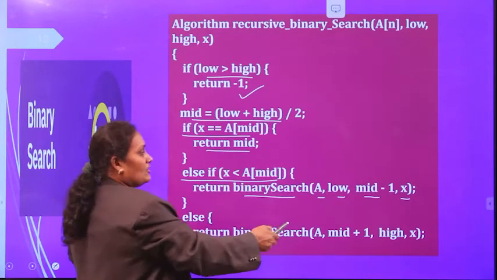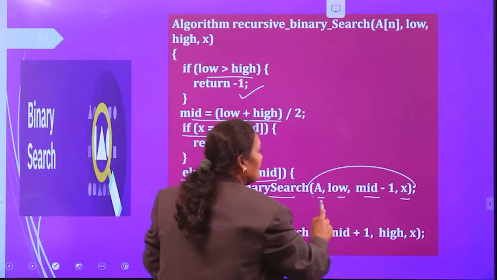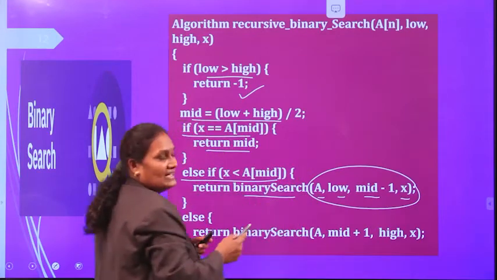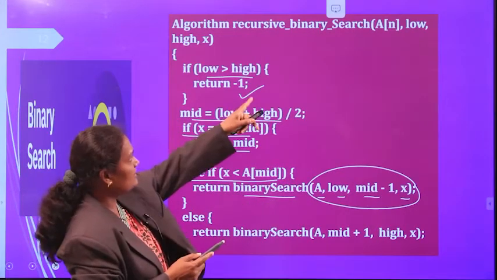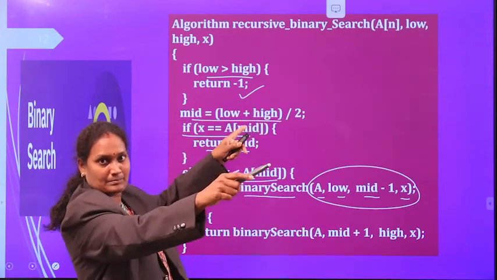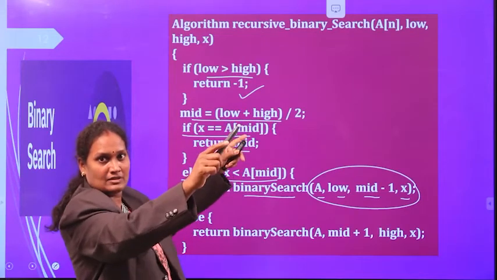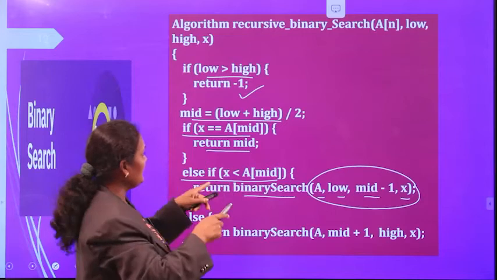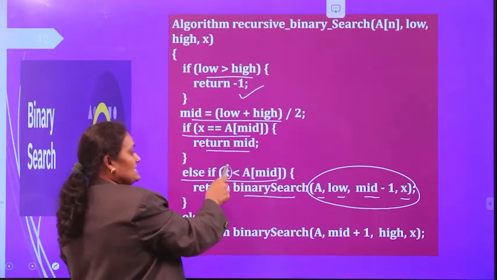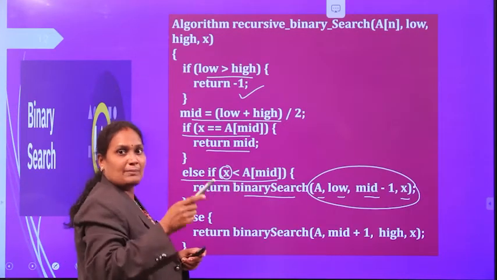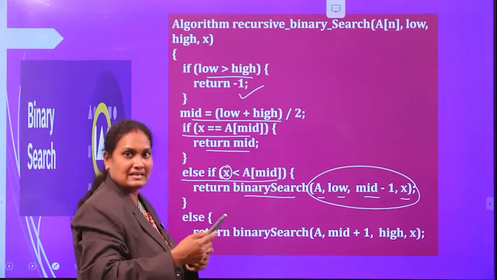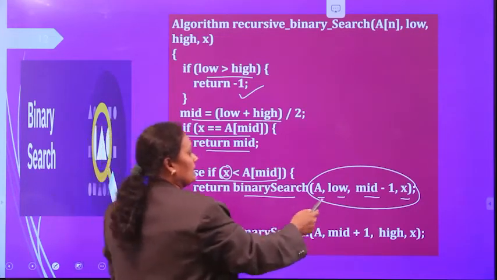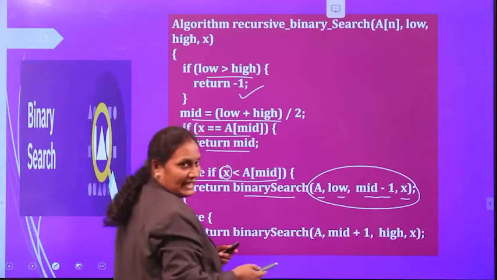Initially we called the binary search for A, low, high, x, the total array. But here, since the x value is less than A of mid, the possibility of the presence of x is in the left subarray, so we are calling low, mid minus 1, x.